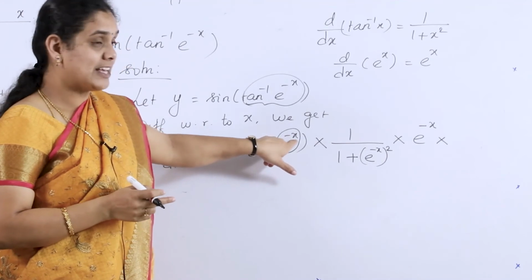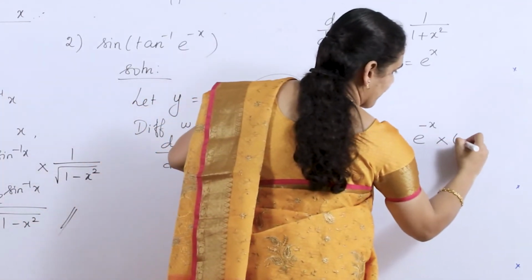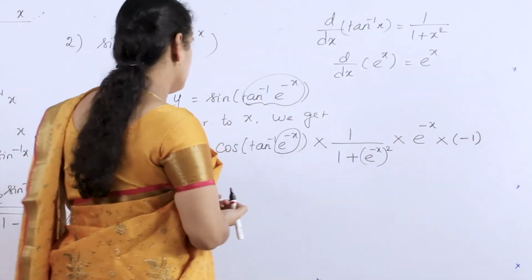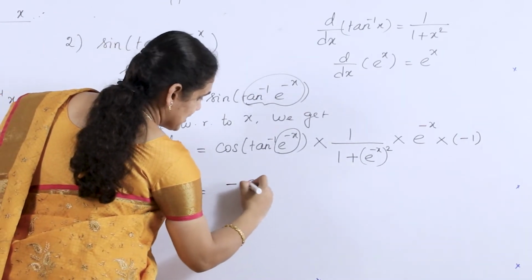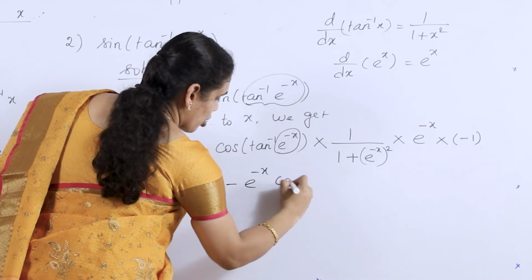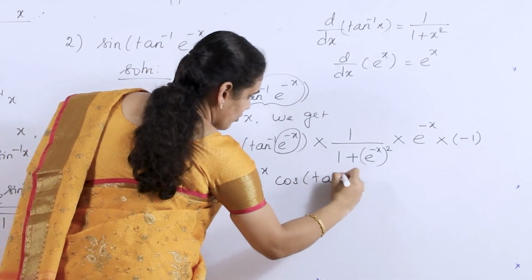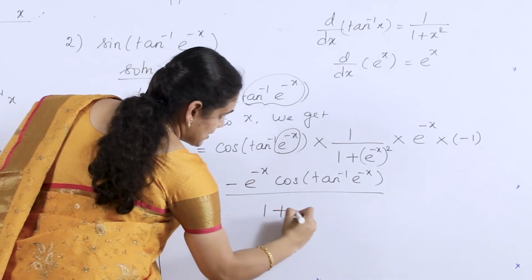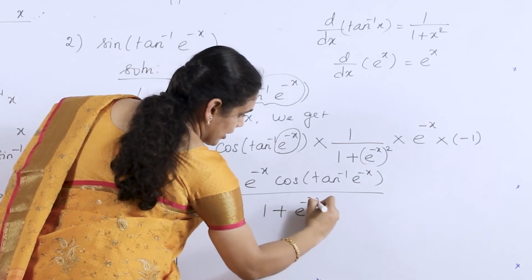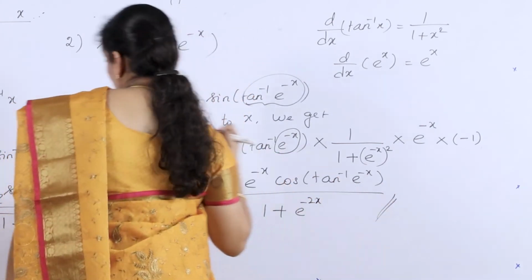But here minus x is there, so we get minus 1. Okay. So if you write in order, then that gives you an answer, book answer. Minus e power minus x cos tan inverse of e to the power minus x whole divided by 1 plus e to the power minus 2x. That's all. This is the required answer.